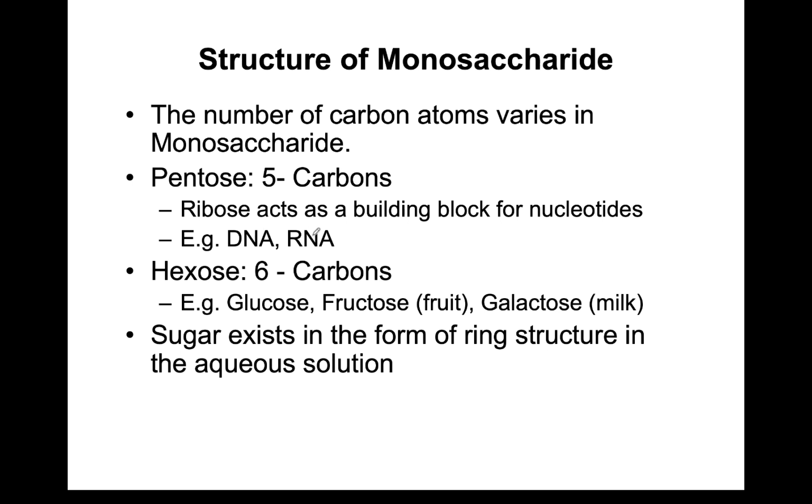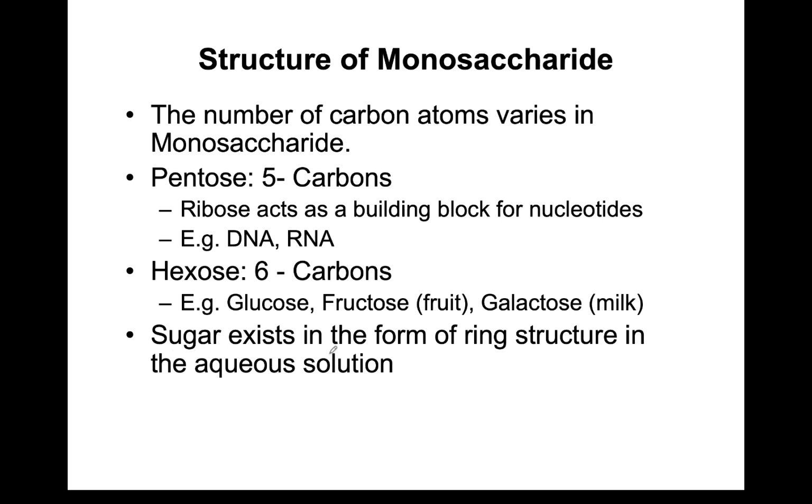Except for DNA and RNA, the rest of the monosaccharides have 6 carbons. We call that hexose. For example, glucose, fructose, and galactose have 6 carbons in their chemical structure.